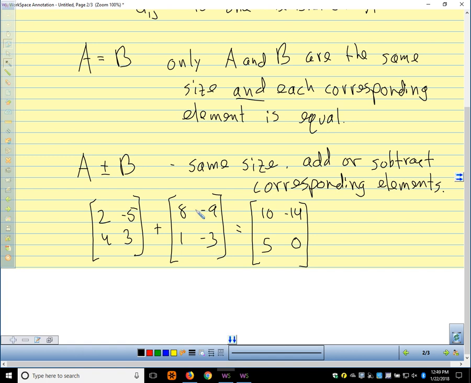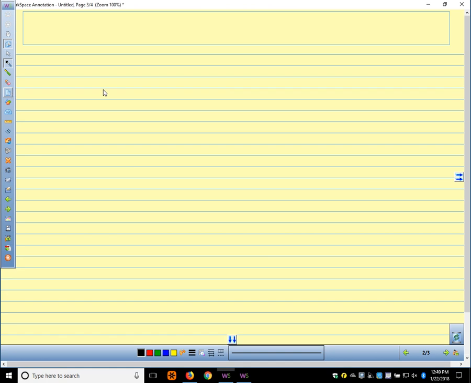All right, so now we know about addition and subtraction. There is one kind of multiplication that we can do: scalar multiplication. And scalars with matrices are just like scalars when we talked about vectors.